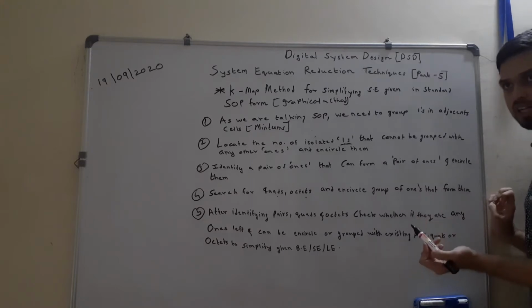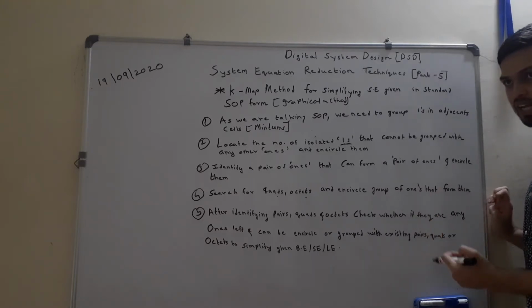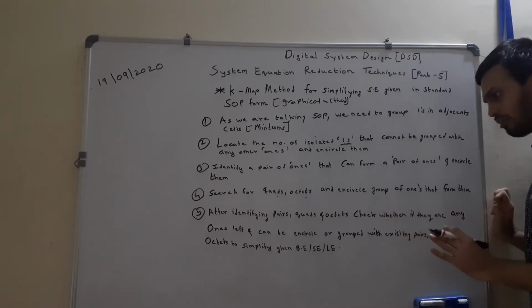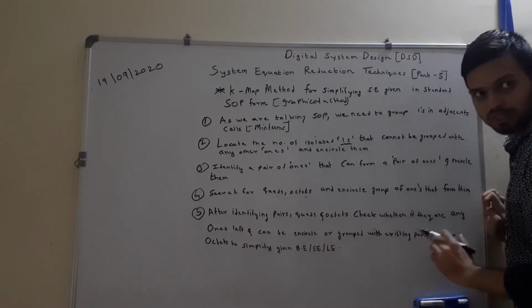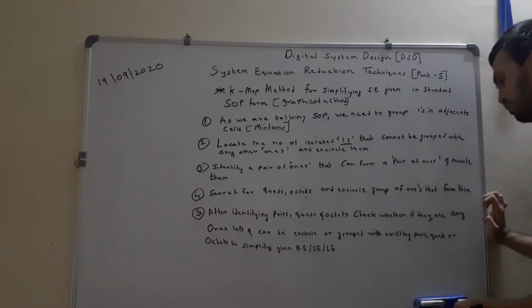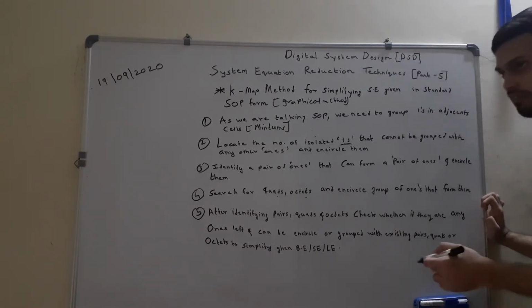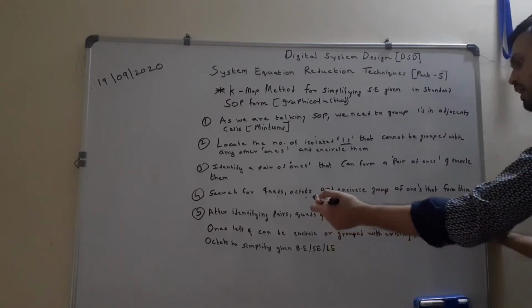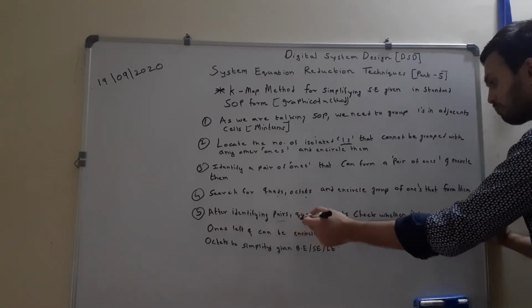Now after identifying pairs, quads, octets and isolated ones, if there are still ones remaining in the K-map, then what are you supposed to do? Then try to see whether they can be grouped into existing pairs, quads and octets.